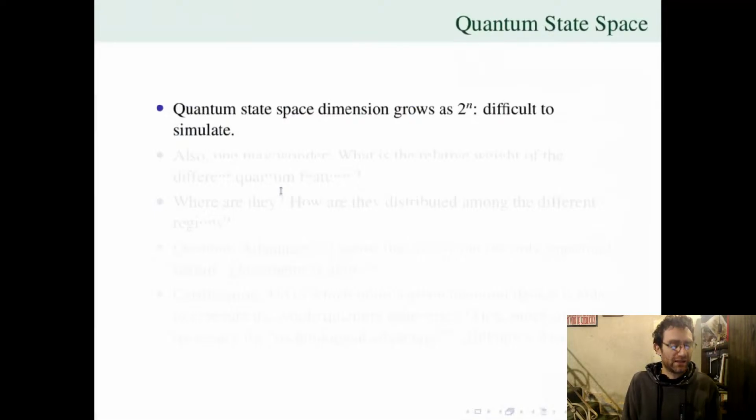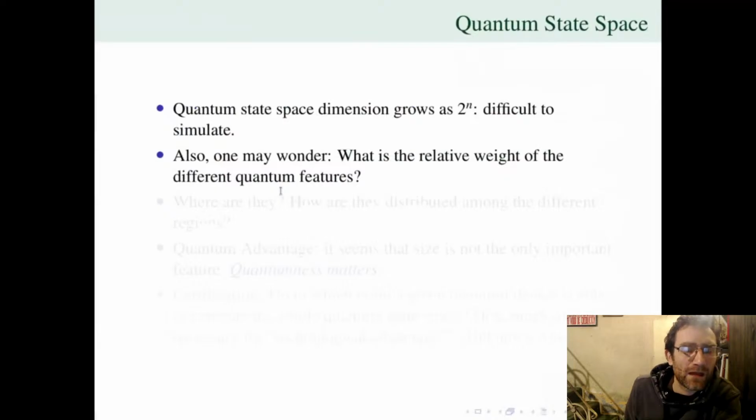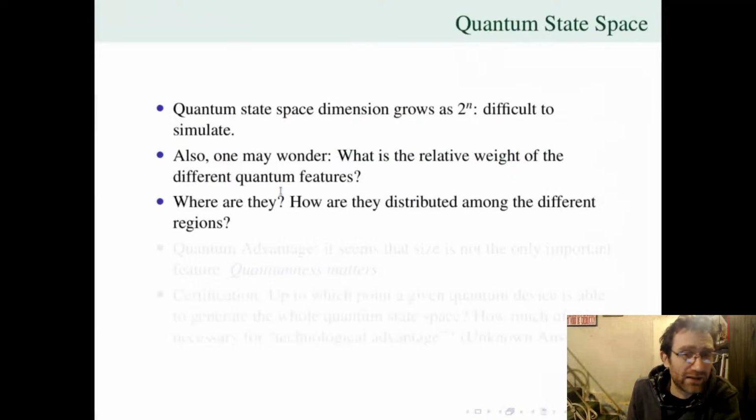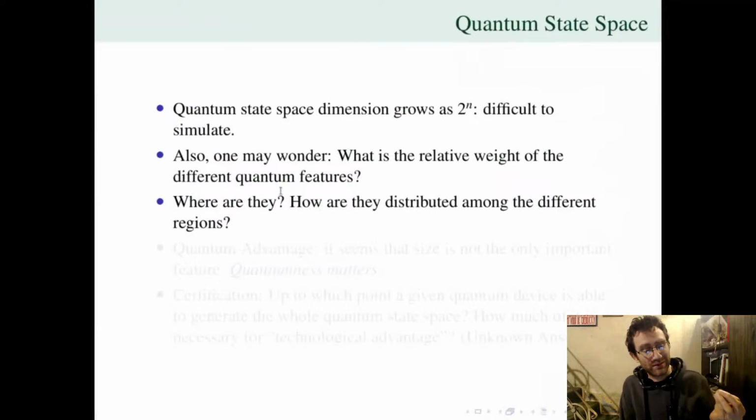are distributed in the quantum state space. You know that the state space dimension of a quantum computer grows exponentially in the number of qubits. So you might wonder how the resources that a quantum computer can produce are distributed all along the quantum state space. Where are they? Are they concentrated in some specific regions?